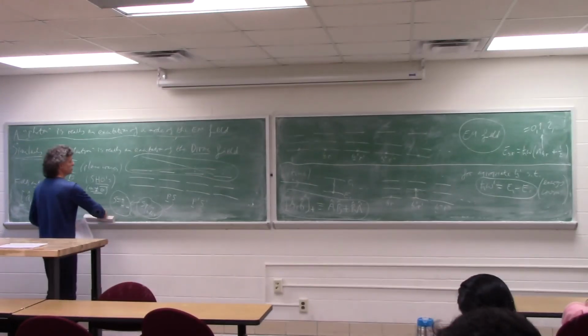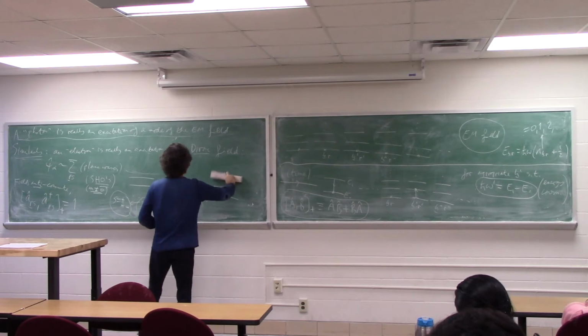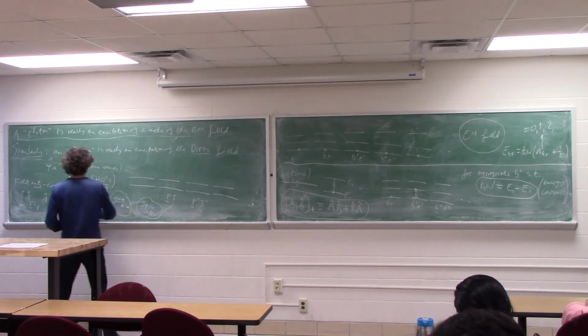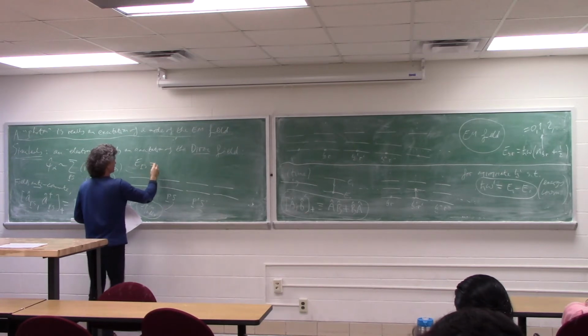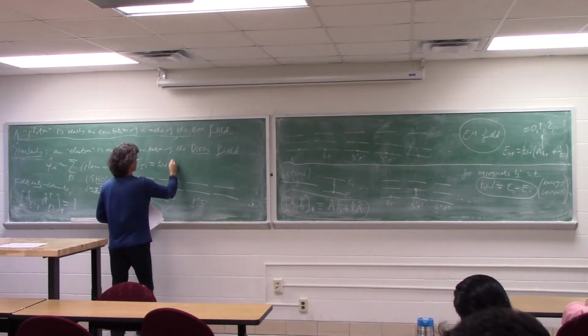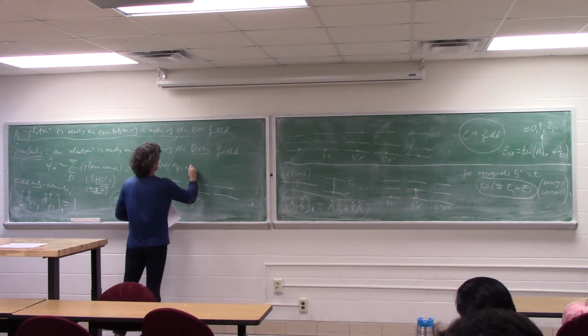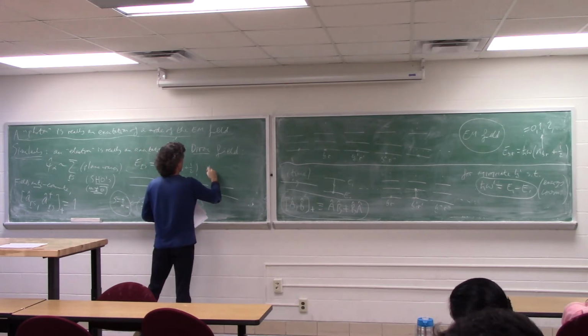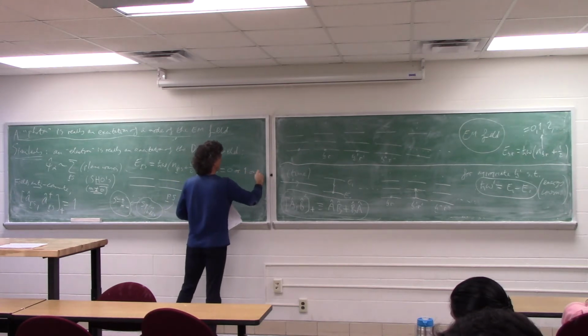In other words, what you find is that the energy is h bar omega (n_ps plus a half), where n_ps can equal 0 or 1 only.